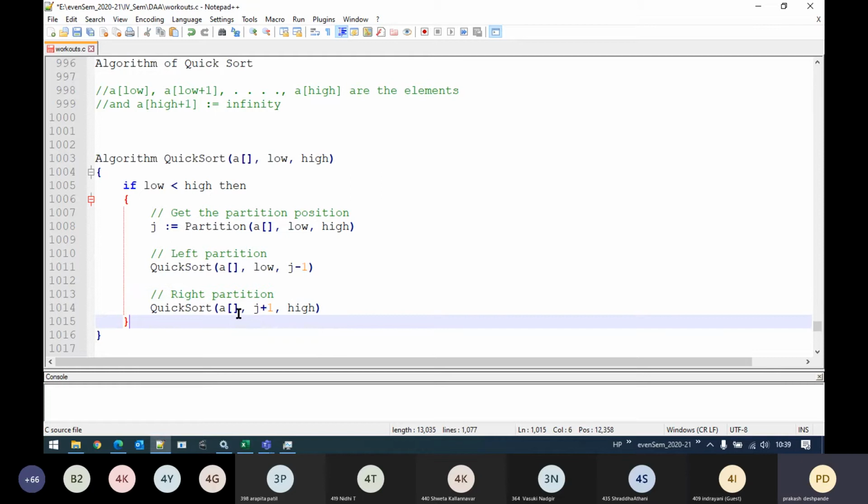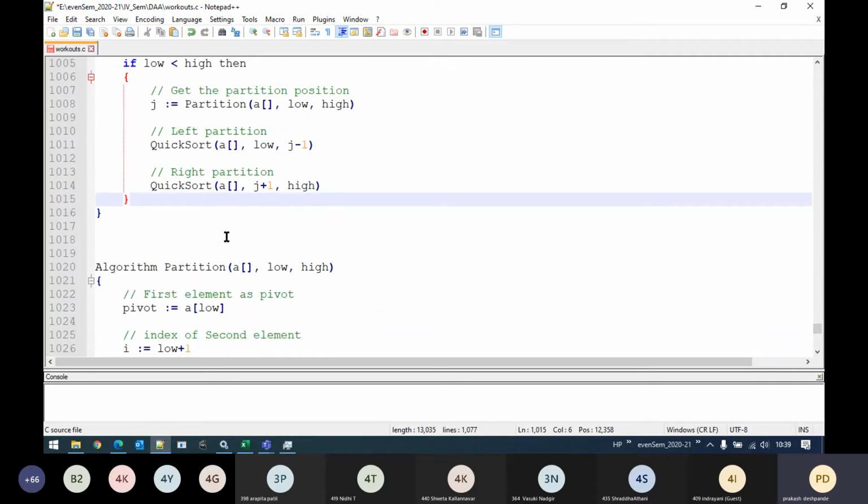Okay, now we will focus on the other part, the main algorithm which will perform the partition activities. As you can see, we are passing 3 parameters, the array, low and high, so we are accepting those values. Here we need to initially set 3 different things.